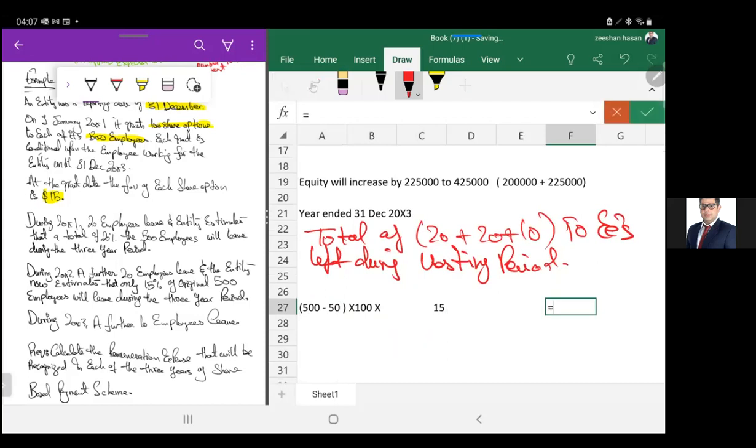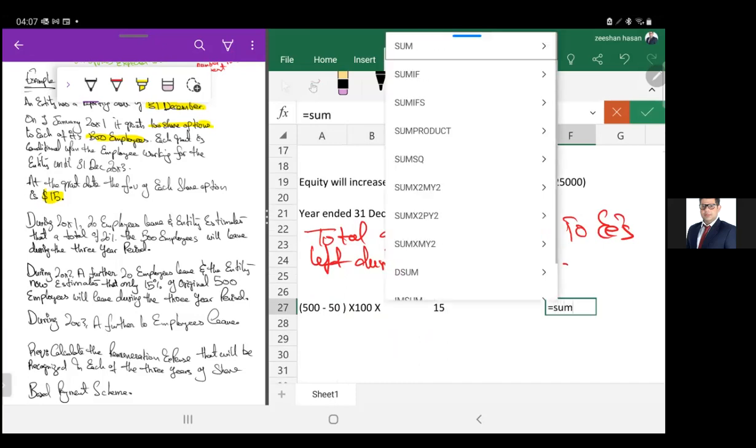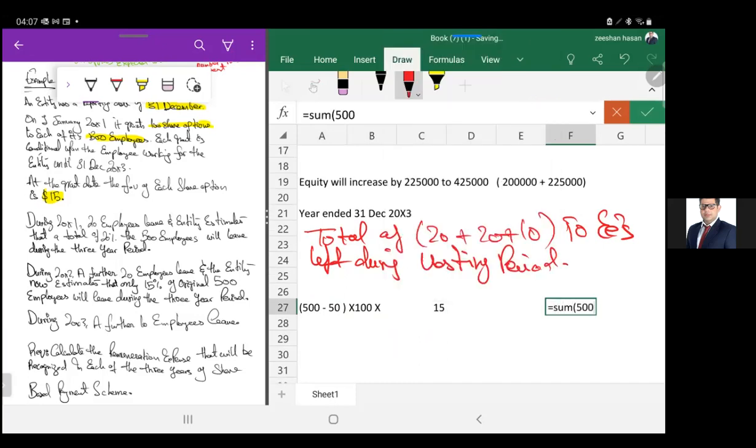Okay, let me show you what I did. Is equal to sum, 500 minus 50. We had 100 options, and the fair value was 15. So simply 675,000, right?